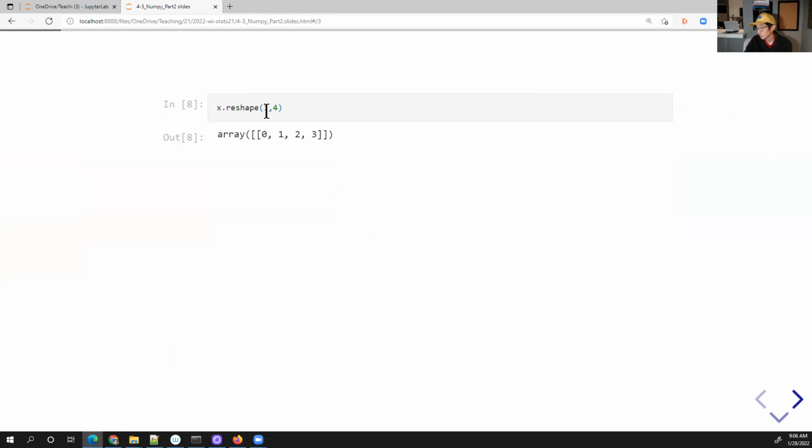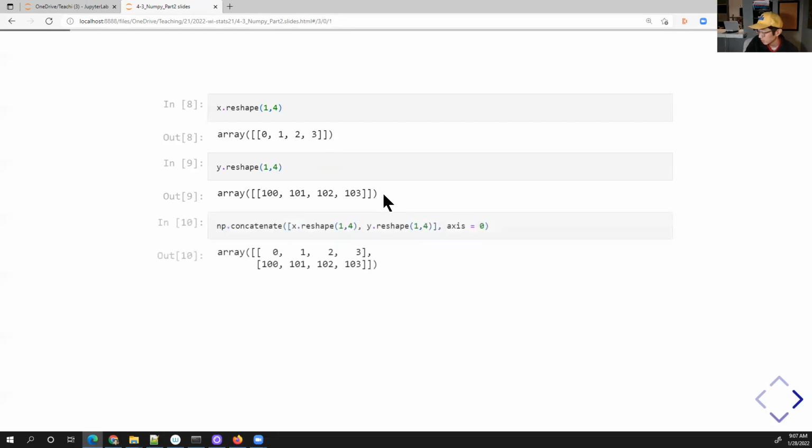Another option is you could reshape the array X. You can do X.reshape into 1 row, 4 columns. Now this is a 2-dimensional array, and we can reshape the other one, and we can call concatenate on this. If I concatenate on axis 0 here, axis 0 is the number of rows, right?